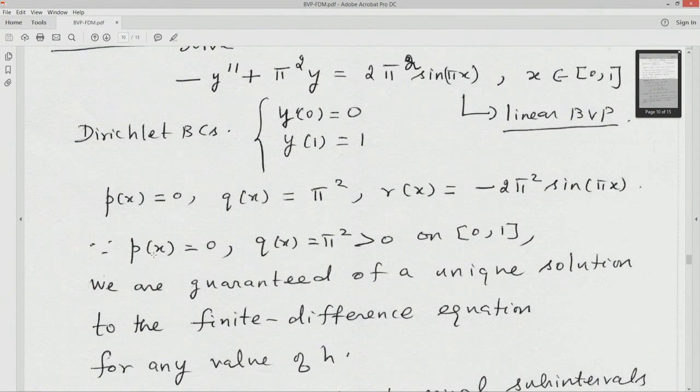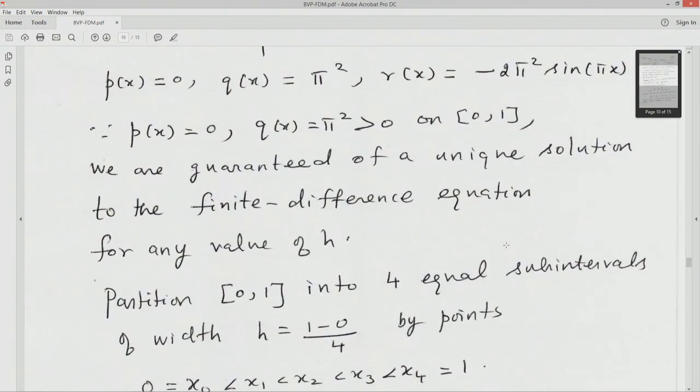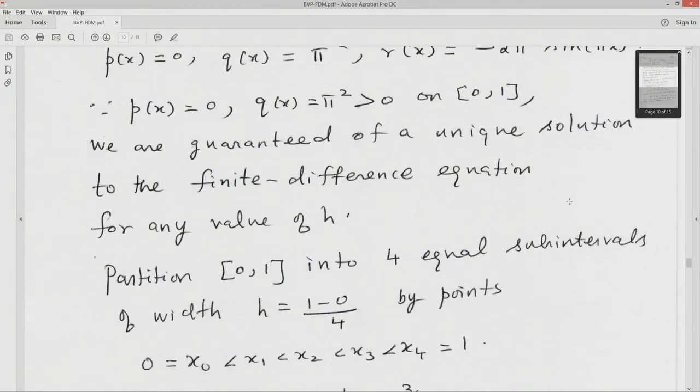And since p of x is 0 and q of x is positive on the interval 0 to 1, we are guaranteed of a unique solution to the finite difference equation for any value of h. This we had already established. h must satisfy the condition that h is less than 2 by L. What is L?